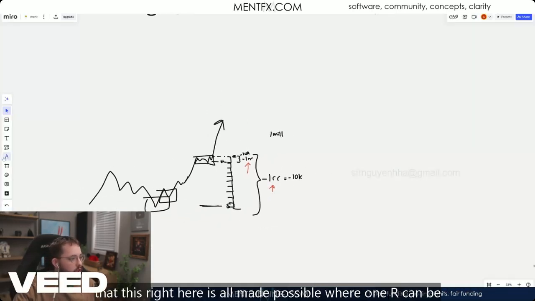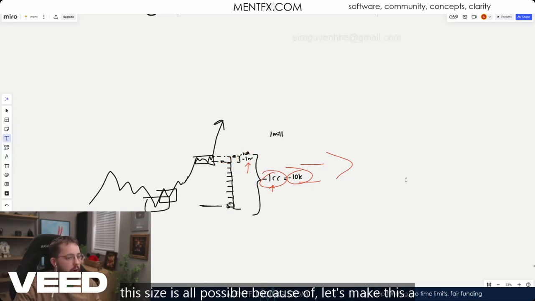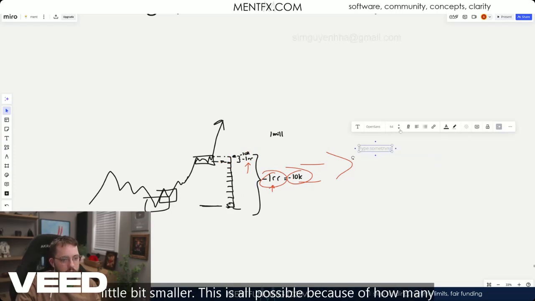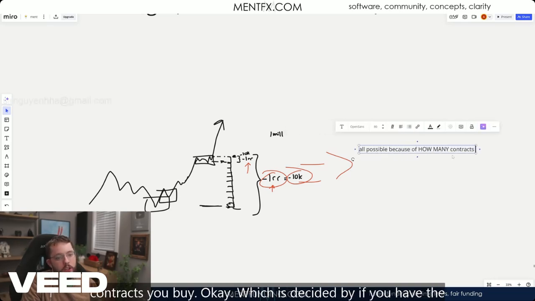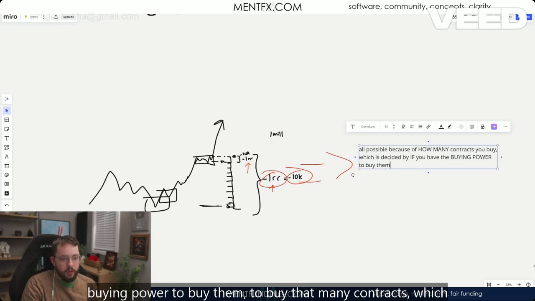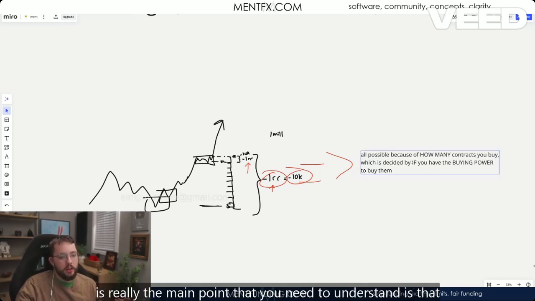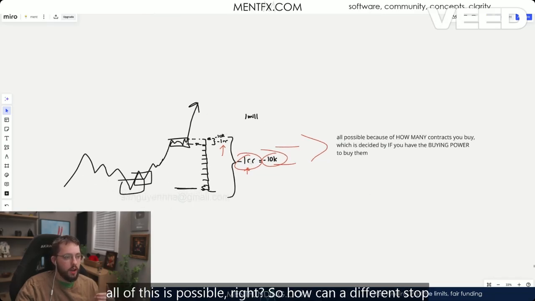The way that this right here is all made possible, where 1R can be 10K on a stop of this size, and 1R can be 10K on a stop of this size, is all possible because of how many contracts you buy, which is decided by if you have the buying power to buy that many contracts, which is basically defined by your actual account size.